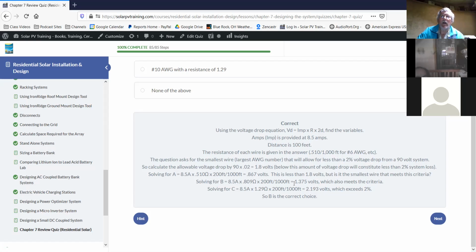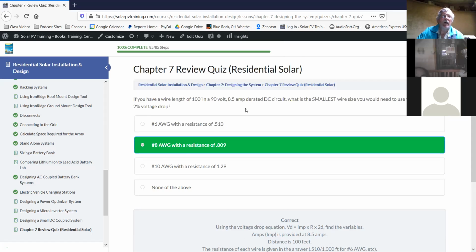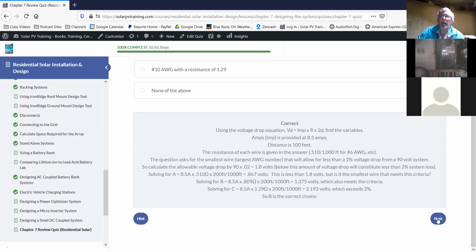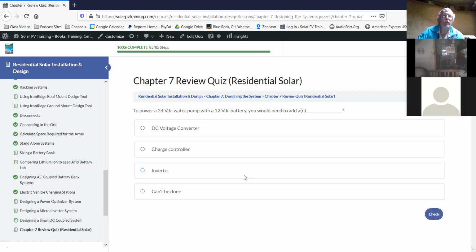B, it's going to be about 1.5% or so, 1.4%. And then if we solve for C, it ends up at 2.193, or basically, because it's a 90 volt system, more than 2%. So the answer is going to be B. A little bit complicated, but not terribly so.